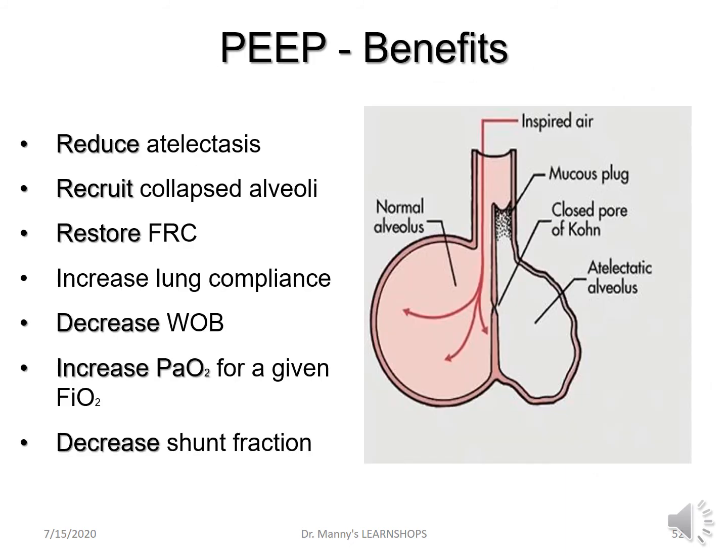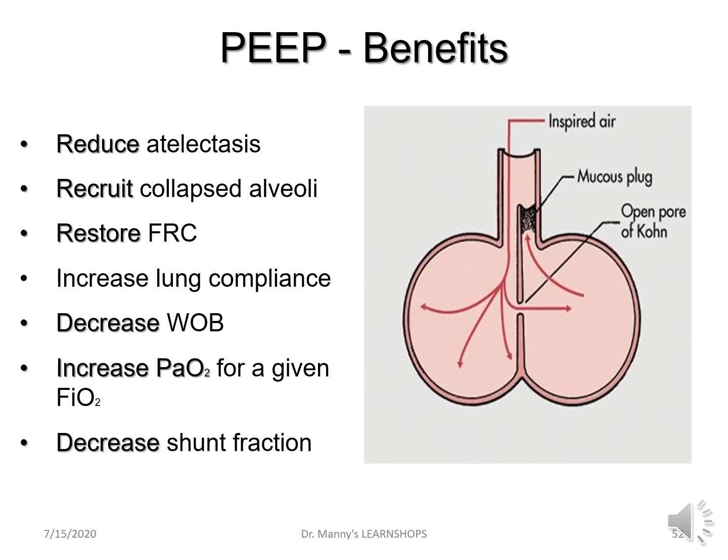What then are the benefits of positive end expiratory pressure, PEEP? Well, the benefits are that it reduces atelectasis. It recruits collapsed alveoli. It restores or increases the functional residual capacity, which is the amount of air that remains within the lung during expiration.